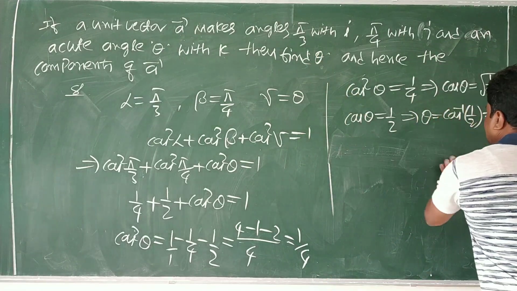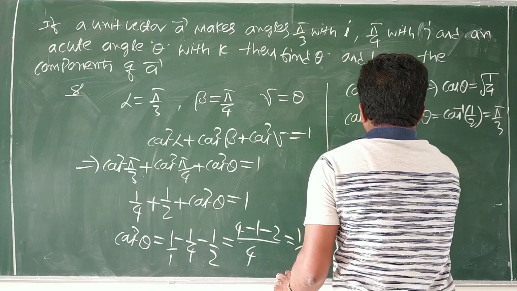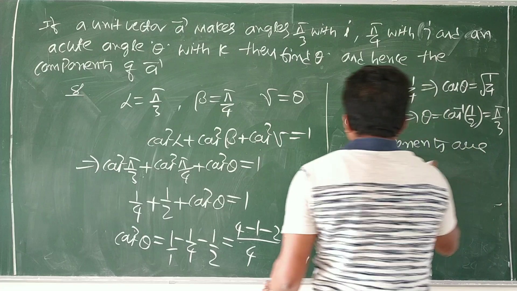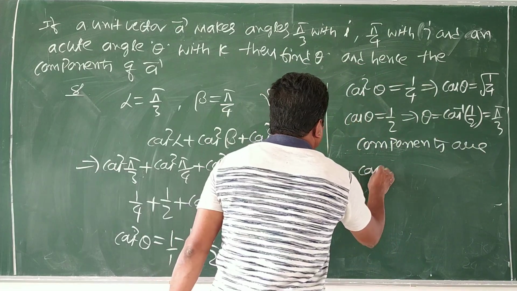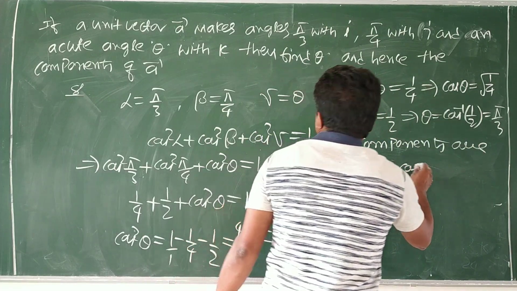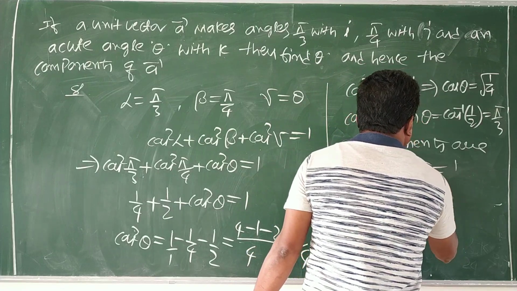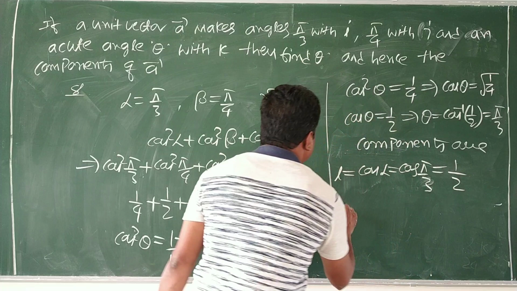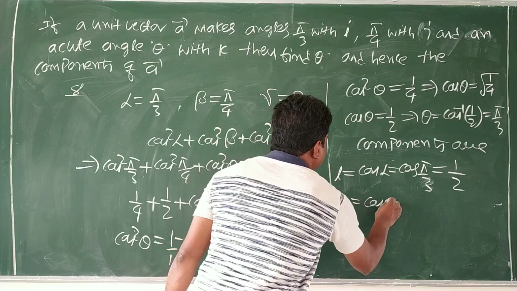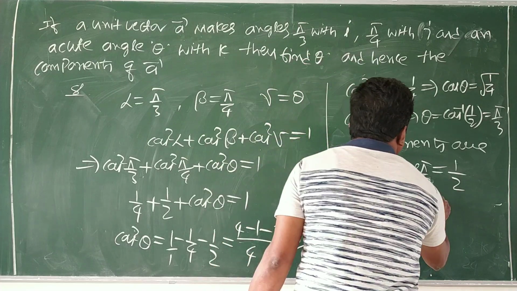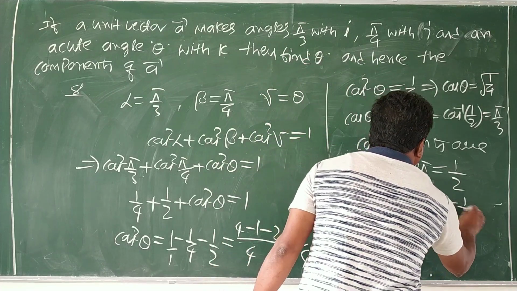The components are: L is cos alpha, and cos of pi by 3 is cos 60, which is 1 by 2. Next, M equals cos beta, cos of pi by 4 is cos 45, which is 1 by root 2.